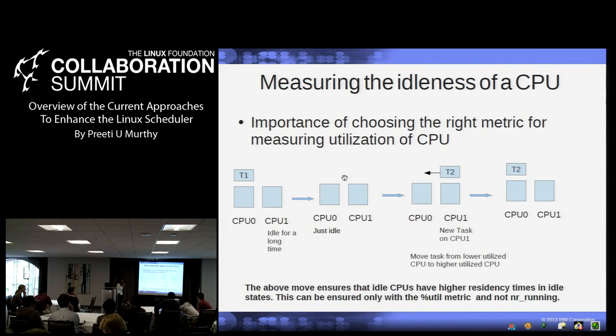When you talked about scheduling, you talked about probably favoring CPU 0. Would that result in taxing certain CPUs over the others?